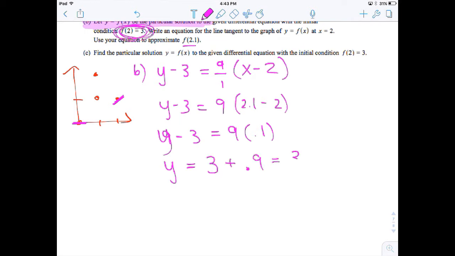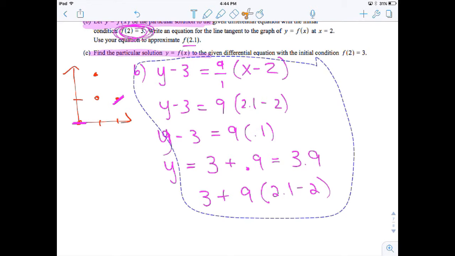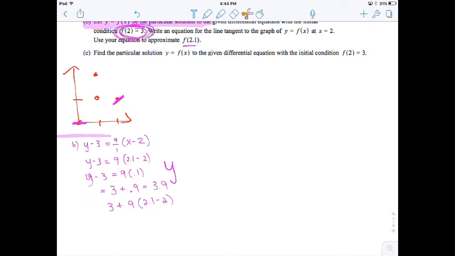All right, and then C says find the particular solution. That is when you're actually going to separate and integrate. So separate, integrate. I'm going to divide the y over, so I have 1 over y squared dy equals 1 over x minus 1 dx.